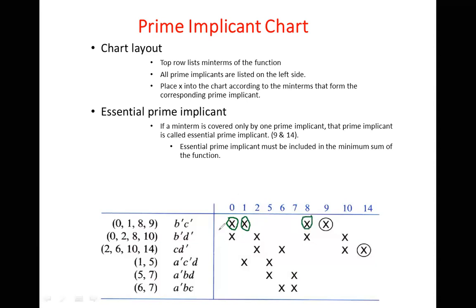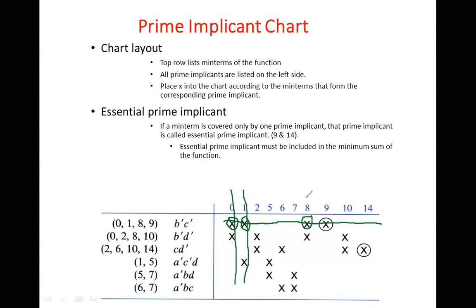Now let me draw a line horizontally, and let me also draw a line vertically, which indicates that it is covered. 0 is covered, 1 is covered, I need not worry about it.